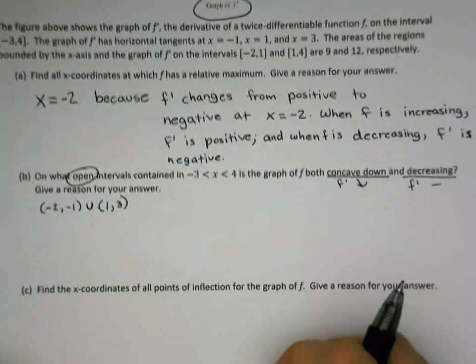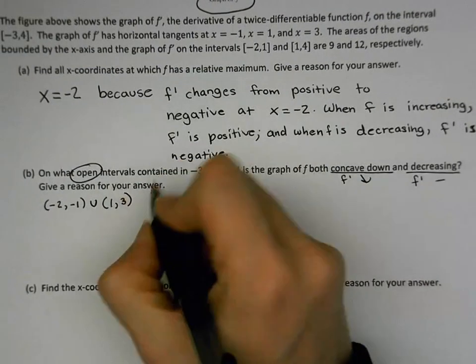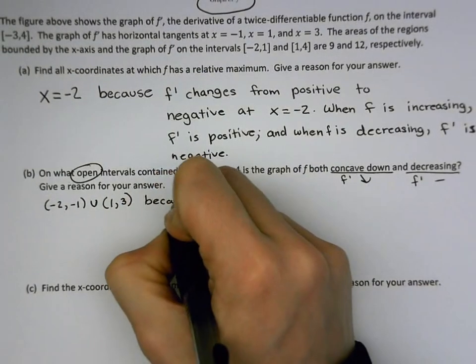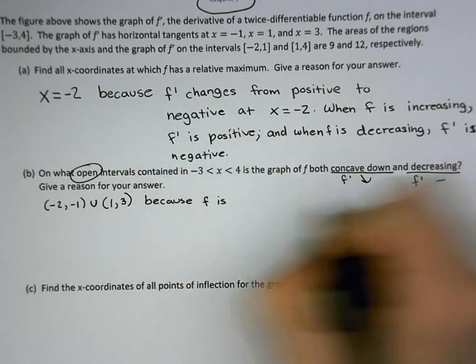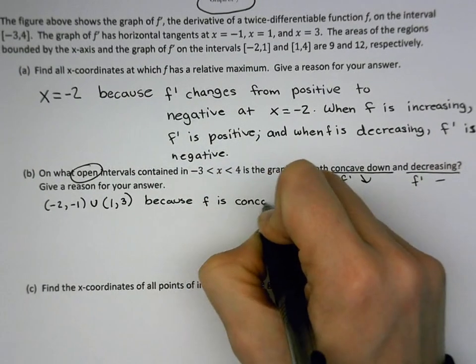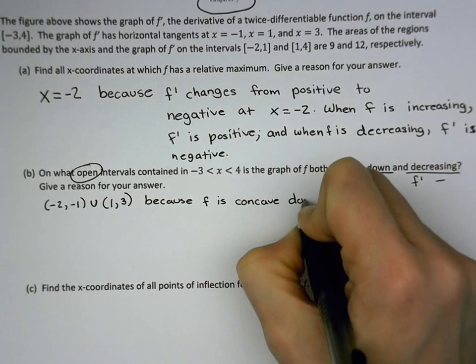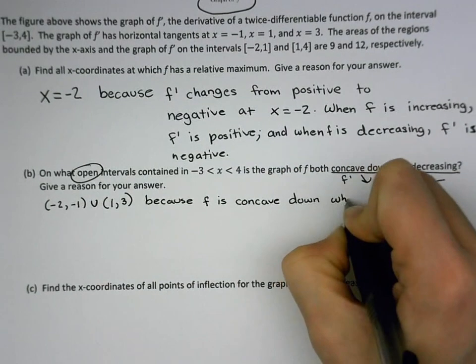And then give a reason for your answer, because f is concave down when f prime is decreasing.